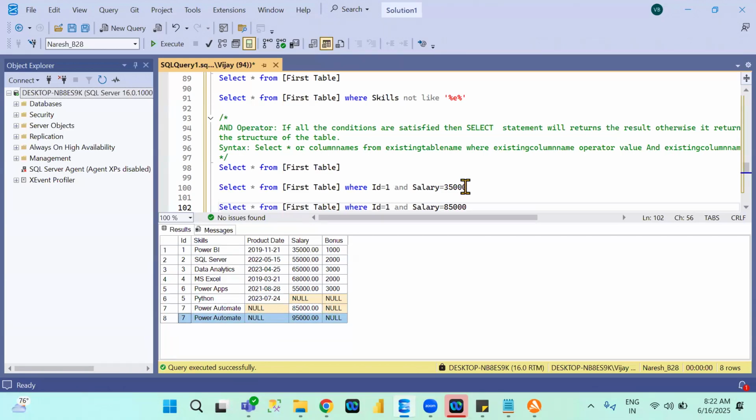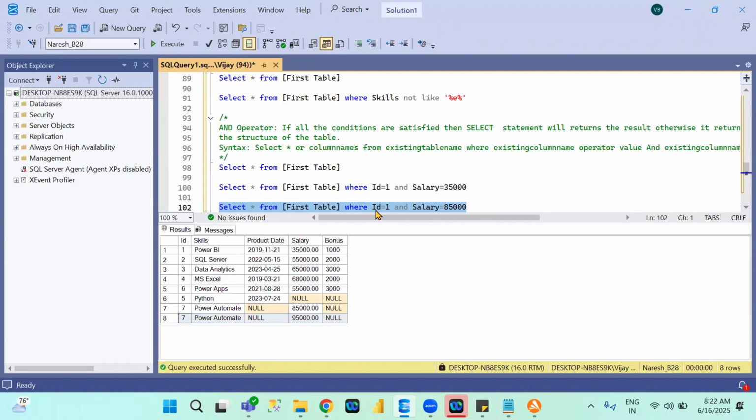That means what will it return? The structure. If none of the records in that table are satisfied, then it will return the table structure. See, that's what I told you. Whichever records satisfy the first condition and, in the same row, the second condition, only those are included.